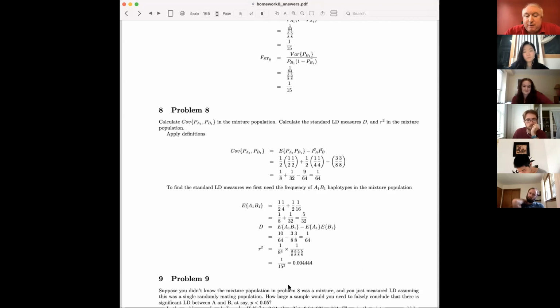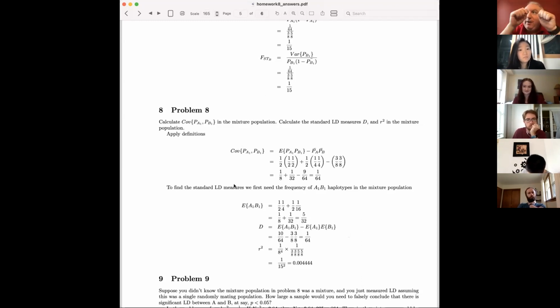And the amount of apparent linkage disequilibrium I get turns out to be the covariance in the allele frequencies from the mixture sampling. So the fact that the frequency of A1 and B1 differ between the populations is inducing covariance.